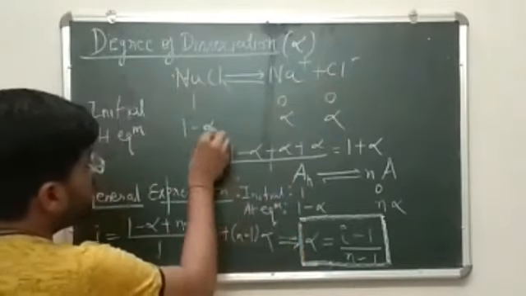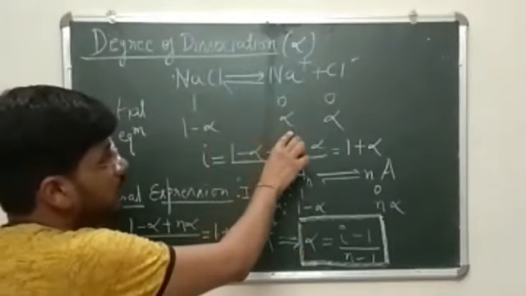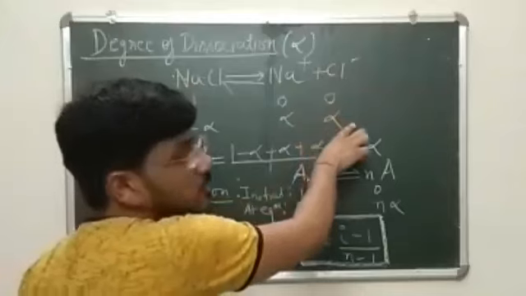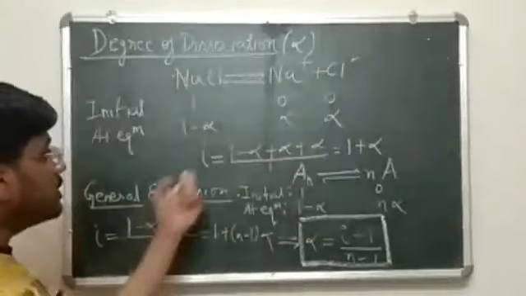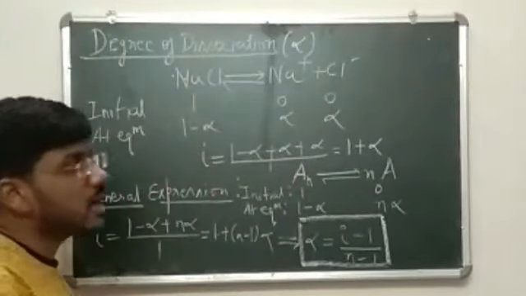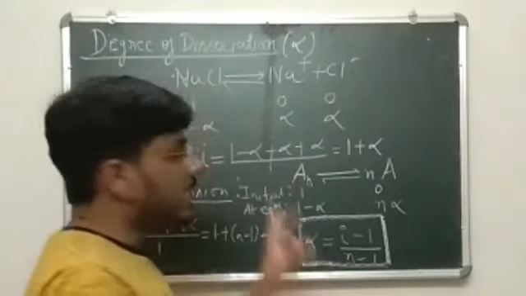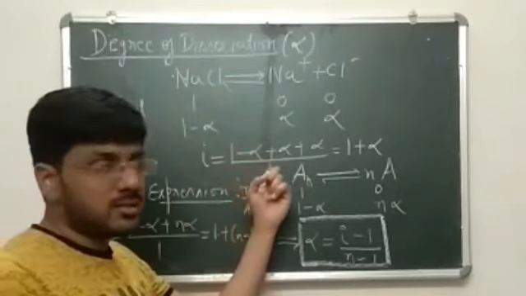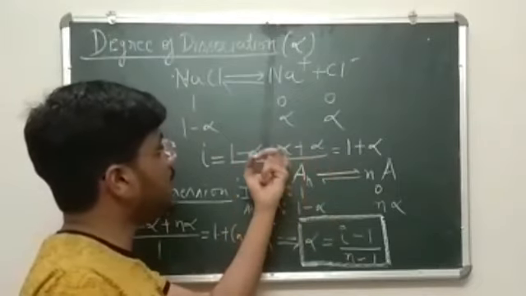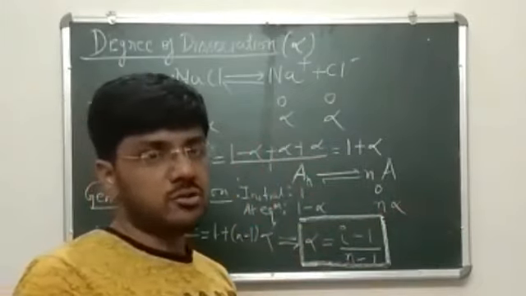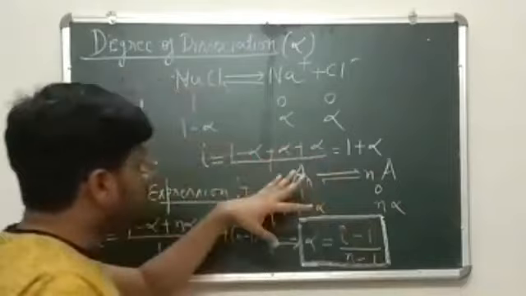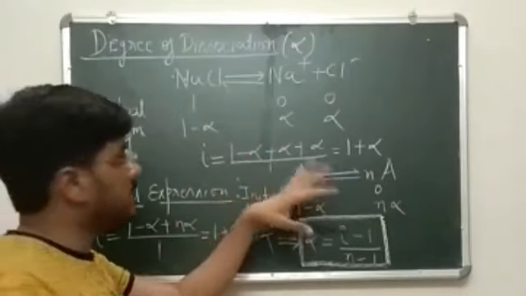Now, if alpha mole is dissociated, they will form alpha moles of sodium plus and alpha moles of chloride ions. Now we will discuss i, the Van't Hoff factor, for this NaCl electrolyte. The Van't Hoff factor, as we have discussed, is the ratio of number of particles of solute after dissociation divided by number of particles of solute before dissociation.